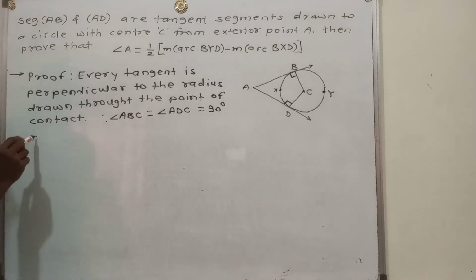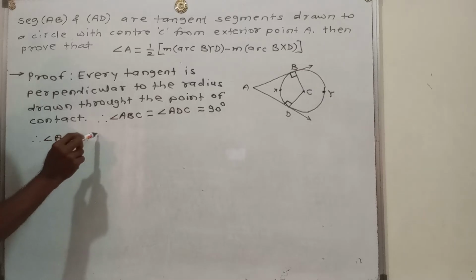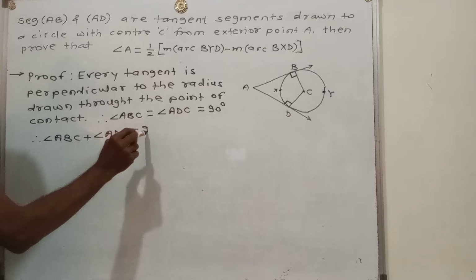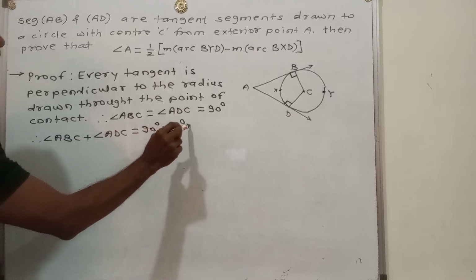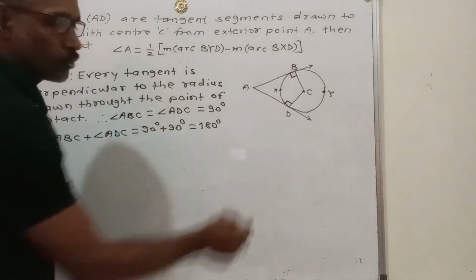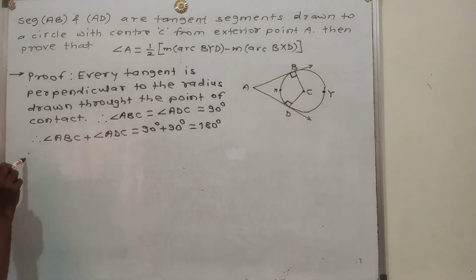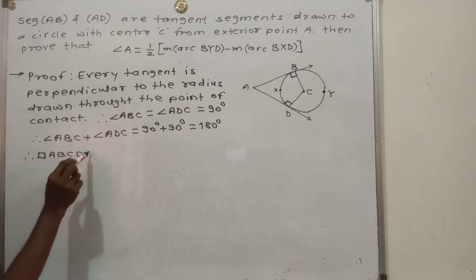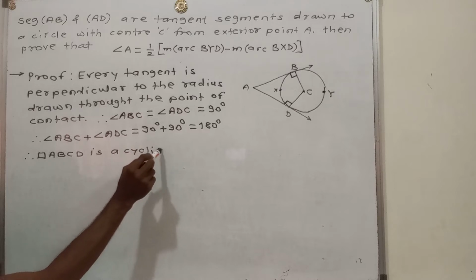See here, angle ABC plus angle ADC is equal to 90 degrees plus 90 degrees is equal to 180 degrees. Opposite angles are supplementary. Therefore, quadrilateral ABCD is cyclic.